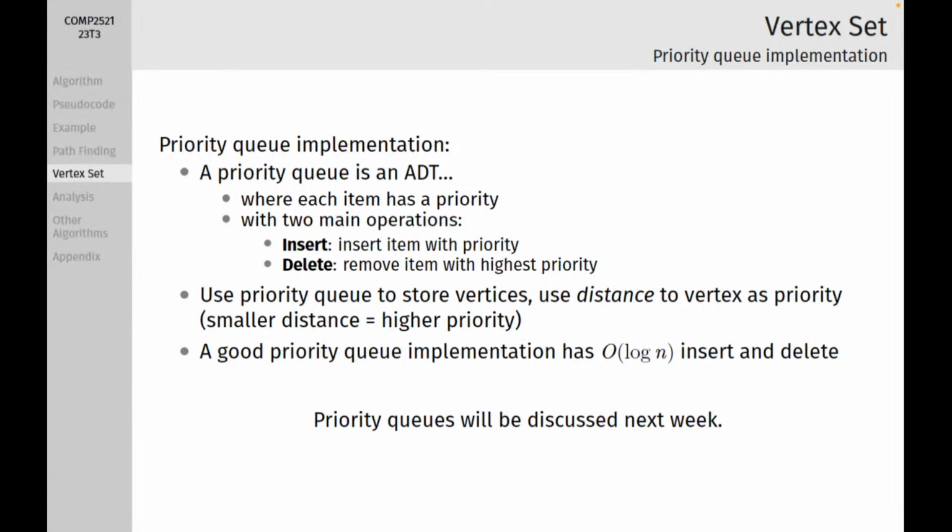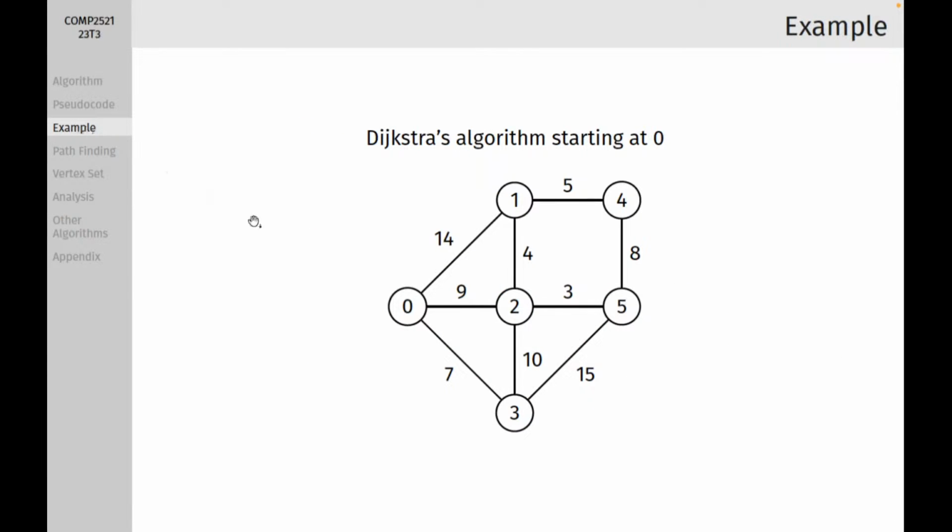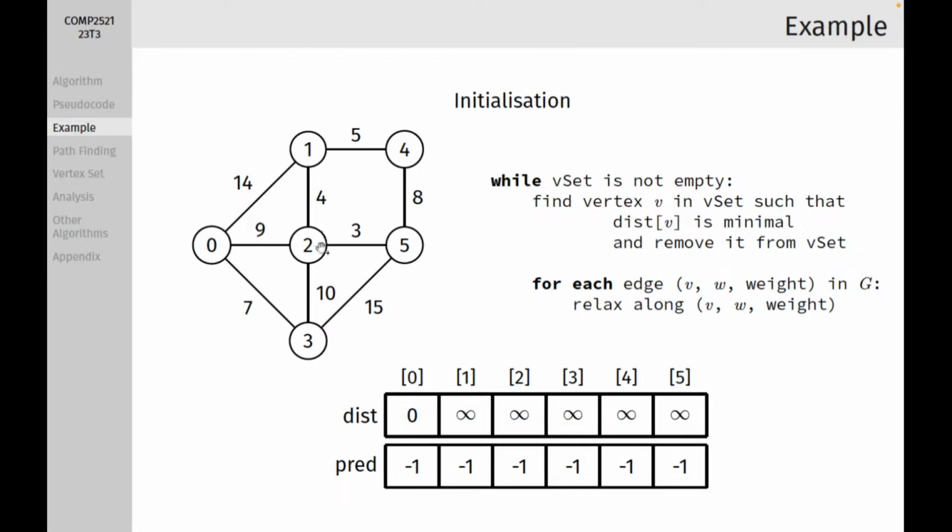So, for example, at the very beginning of the algorithm, what we would do is store all of these vertices into the priority queue, but the source vertex we would give a priority of 0, and that means it has the highest priority.